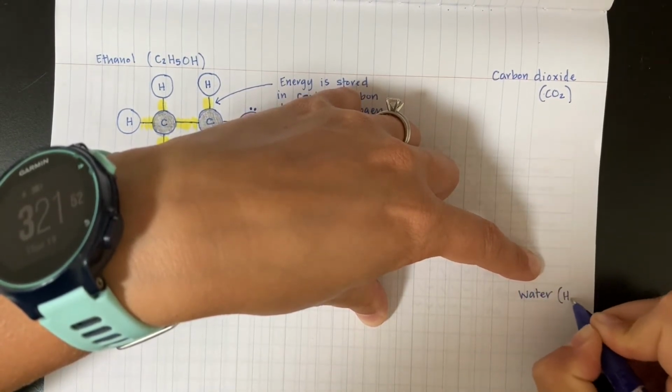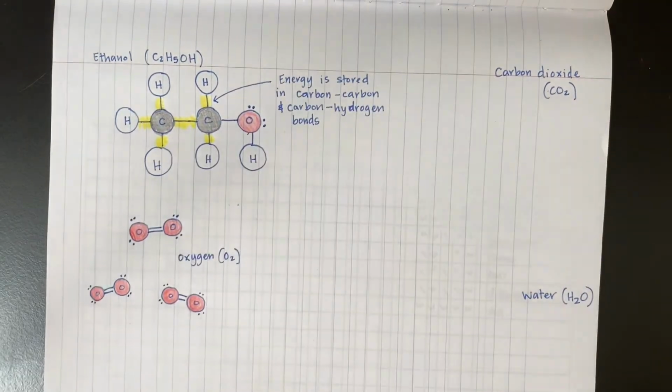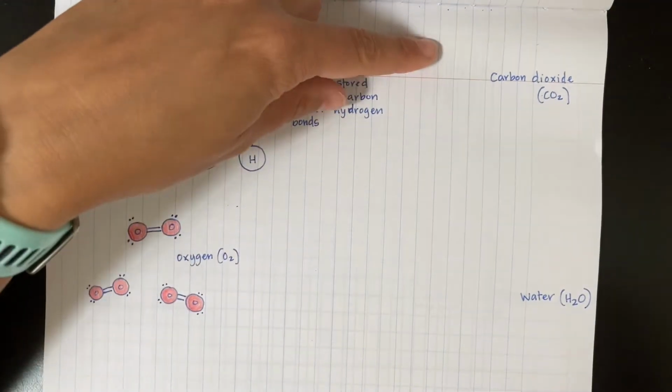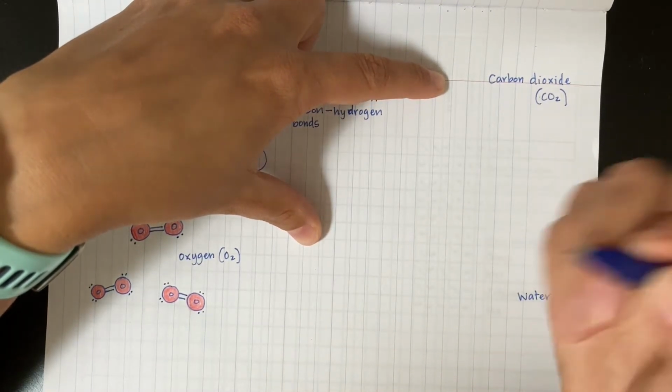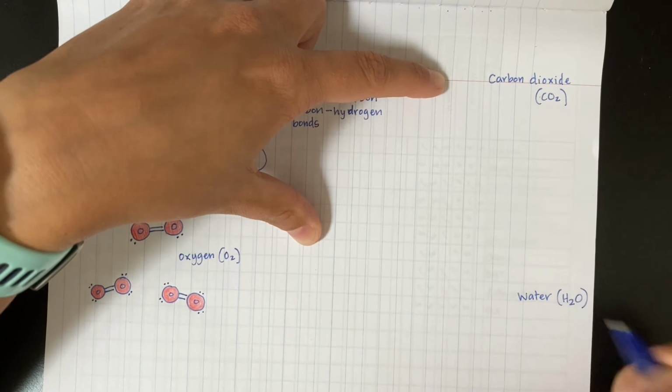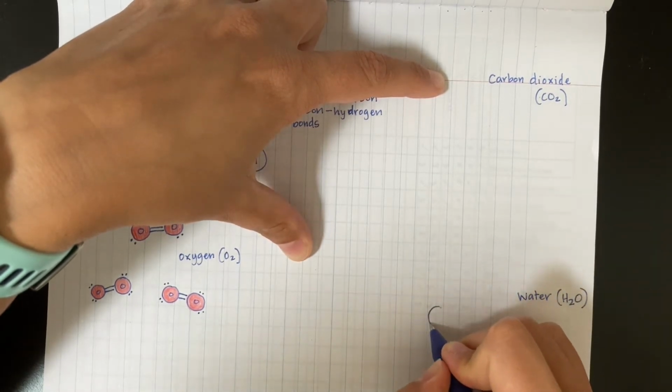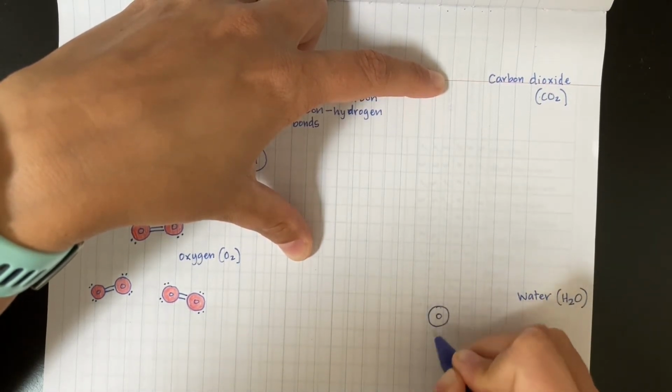which is H2O. So what I want you to do is take apart your molecule and make new molecules of carbon dioxide and water. I'm going to show you what those look like so that you can make them correctly.